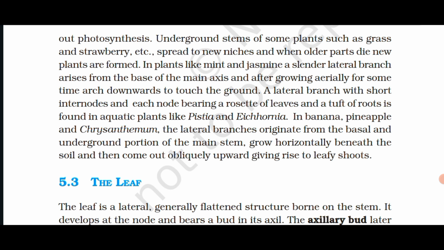A lateral branch with short internodes and each node bearing a rosette of leaves and a tuft of roots is found in aquatic plants like Pistia and Eichhornia. In banana, pineapple, and chrysanthemum, the lateral branches originate from the basal and underground portion of the main stem, grow horizontally beneath the soil and then come out obliquely upward, giving rise to leafy shoots.